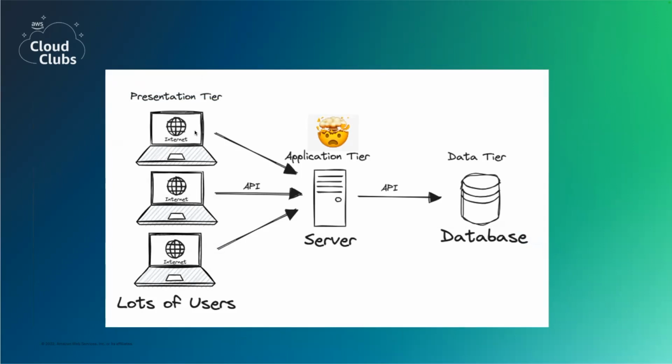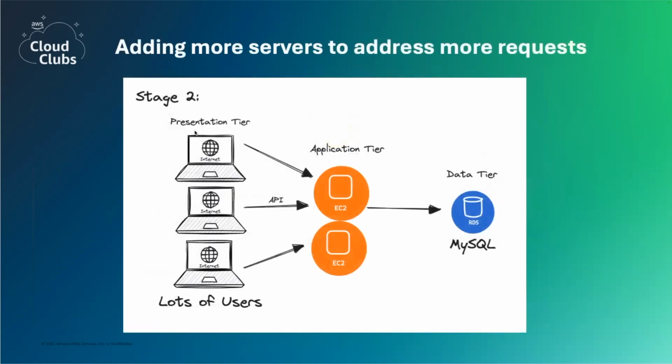Essentially, we want to accommodate those loads by either horizontally or vertically increasing the amount of computing power we can handle. In here, this one is horizontal scaling, because we're adding more EC2 servers, or computing power, to accommodate the load of requests coming in. I'll briefly touch on vertical scaling.